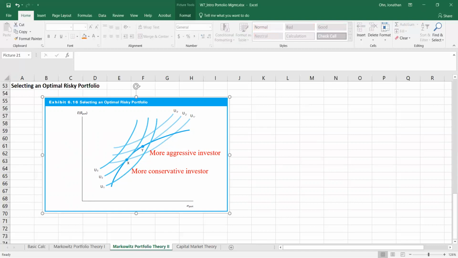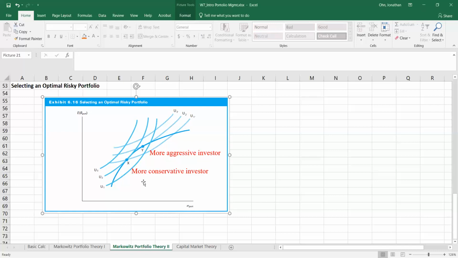X star is the maximum or optimum point for this investor. In the same way, Y star is the maximum satisfaction point or optimal investment decision for investor Y. Okay, so we look at the two different investors and their best or optimal investment combinations there.